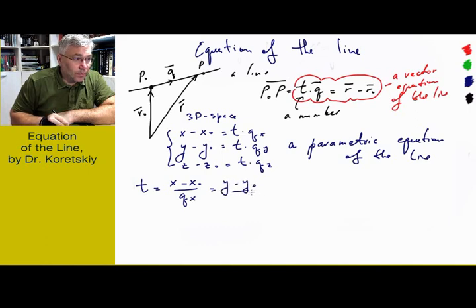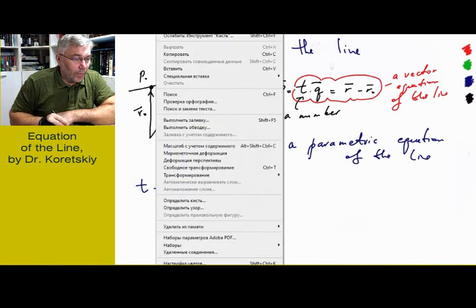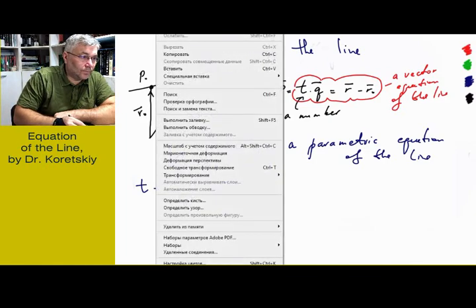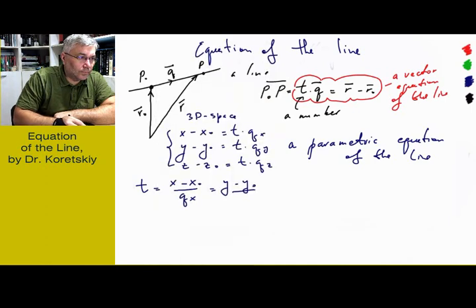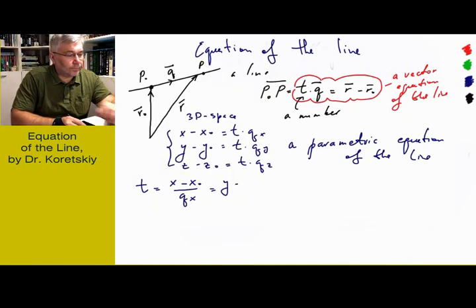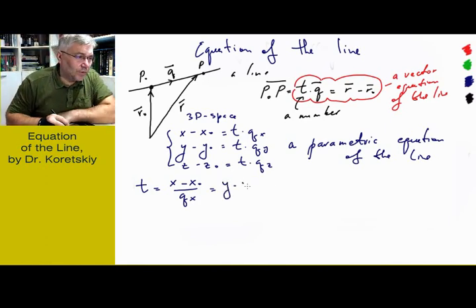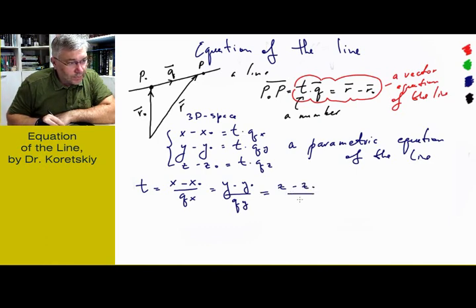Simultaneously it is equal to y minus y0 over qy and z minus z0 over qz.